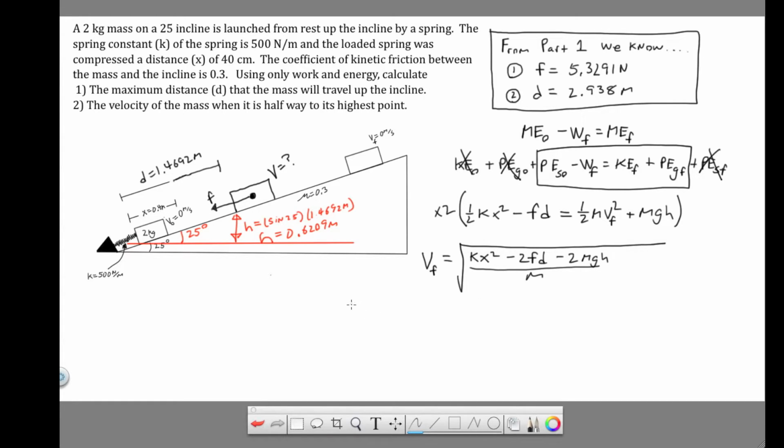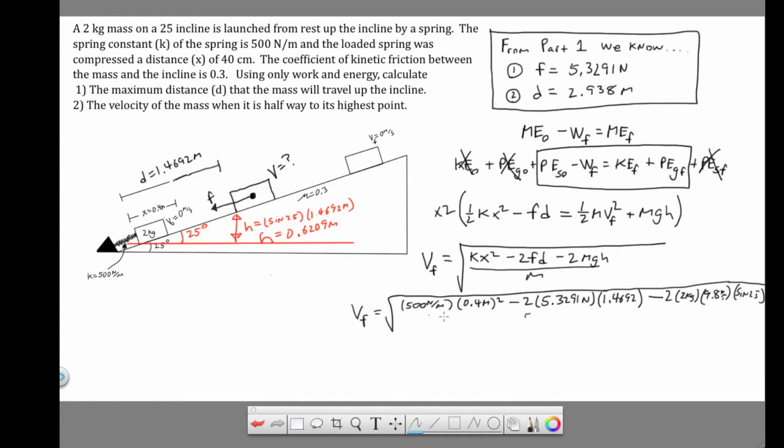So then we plug numbers in for v final. So our k is 500 newtons per meter, x is 0.4, frictional force is 5.3291, the distance is 1.4692, minus 2 times 2 kilograms, gravity is 9.8, and then sine 25.